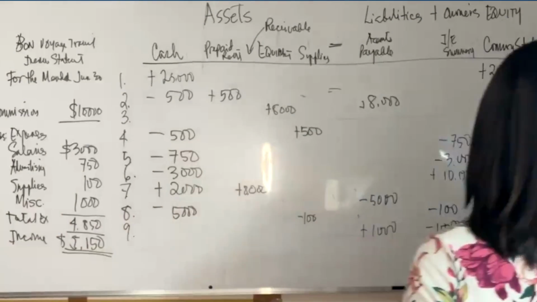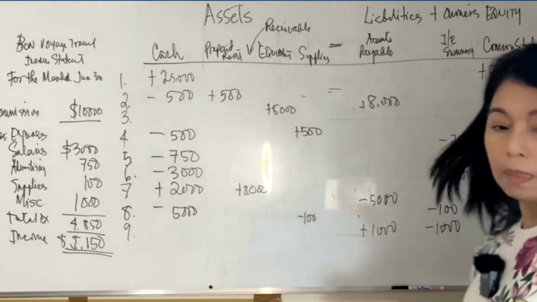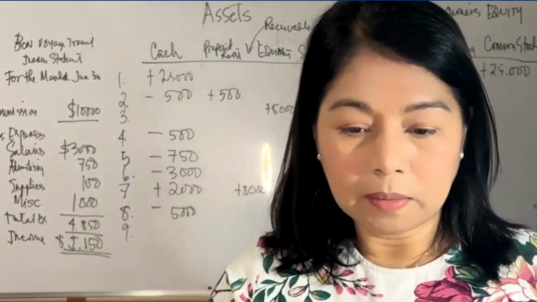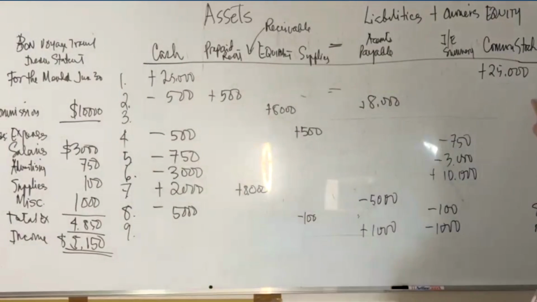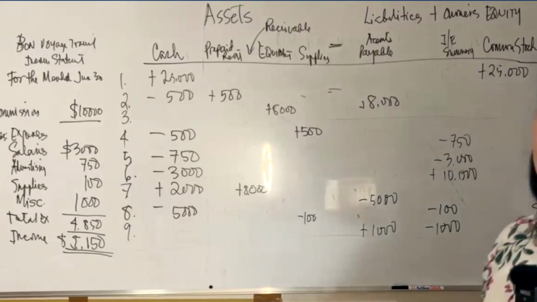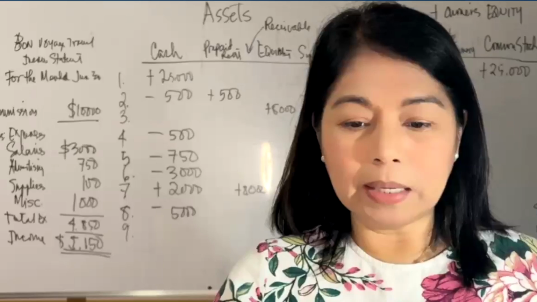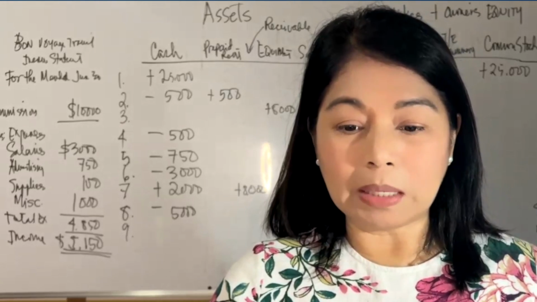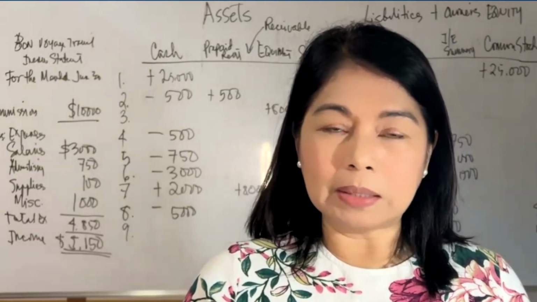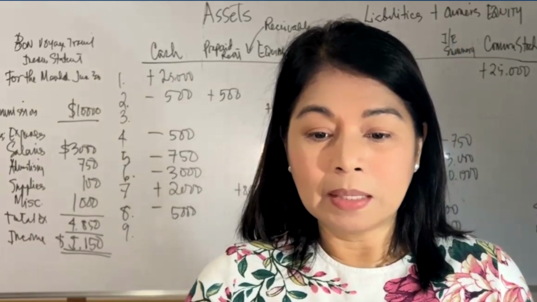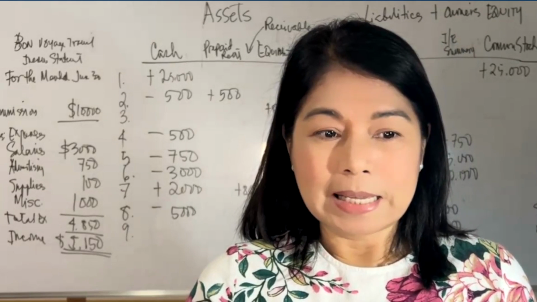Yes, I think I missed the rent. Where is the rent? Number 4 pala. Okay, you are correct, because it did not say yet that there is going to be. We will talk about it in the adjusting entries. This is pre-adjustment.